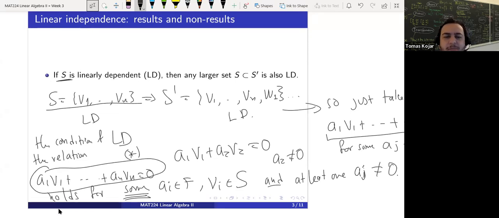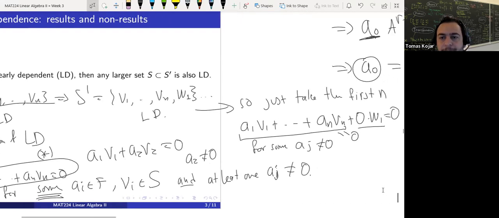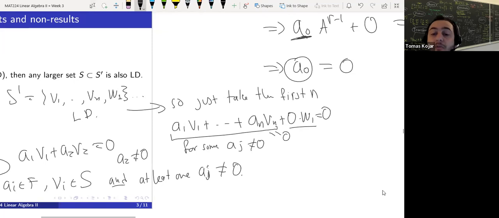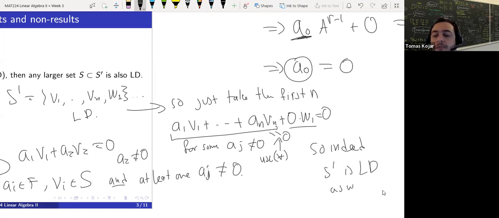I will start writing proofs more formally since people want that. You look at this relation, and then you use star over here. You know this to be true for some AJ not 0. So indeed, S prime is LD as well.